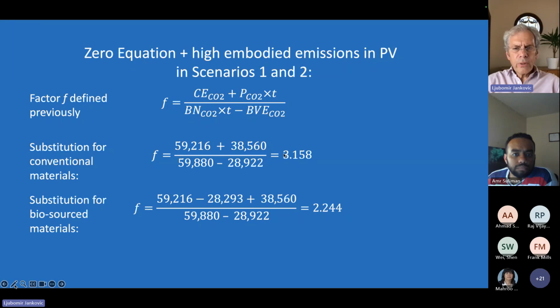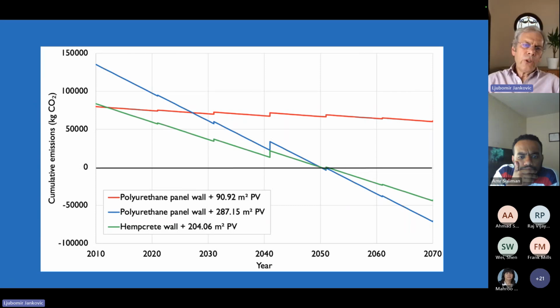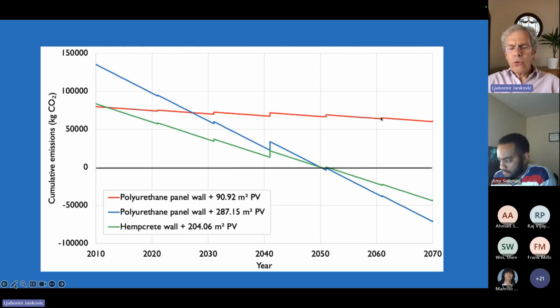So for conventional materials in scenarios 1 and 2, the F factor is 3.158, and if we use that for biosourced materials, then it's 2.244. And here is the diagram for unchanged solar PV as it can fit on the roof.